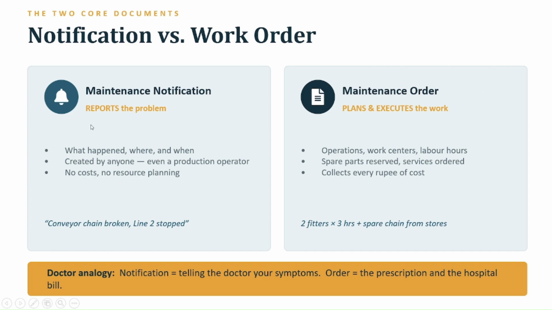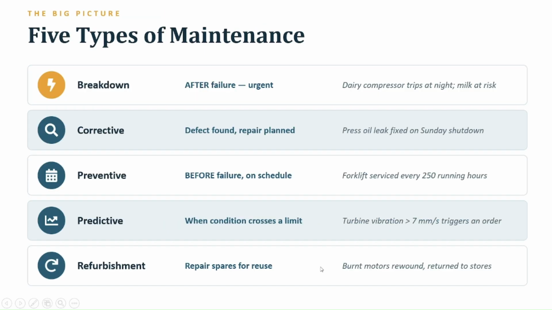So the maintenance notification is for reporting the problem, and the maintenance order is for executing maintenance on that machine. For example, 2 fitters, 3 hours plus spare parts used to repair. So the notification is telling the doctor your symptoms, and the order is the prescription and the hospital bill.